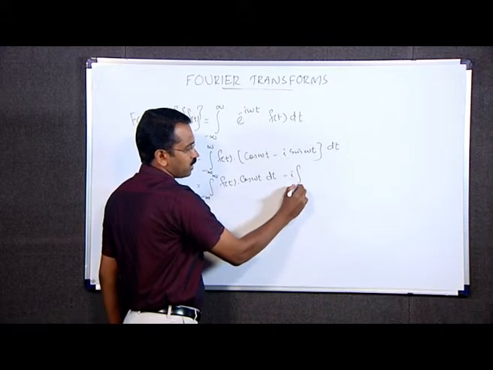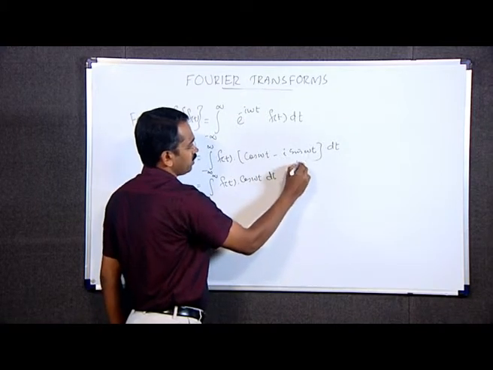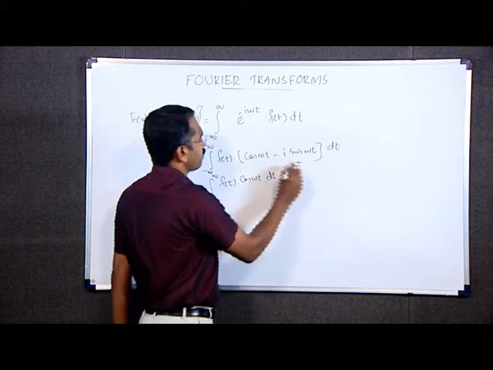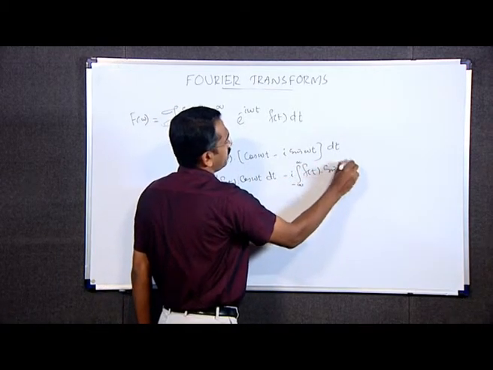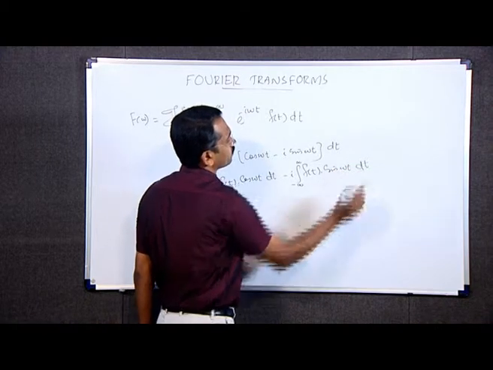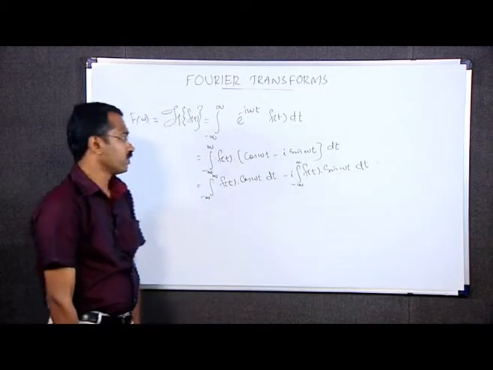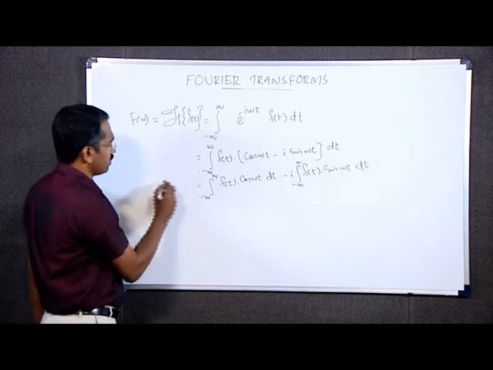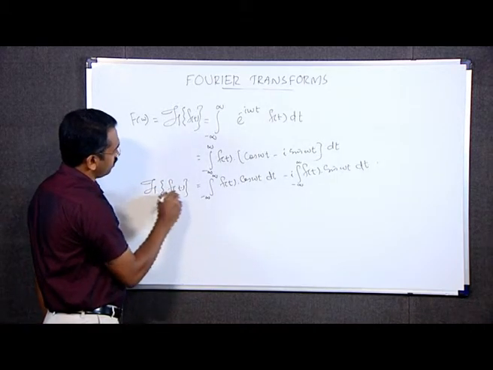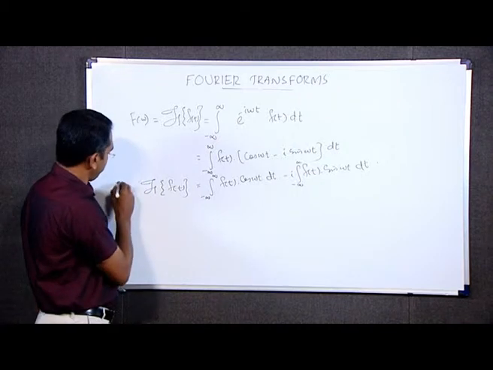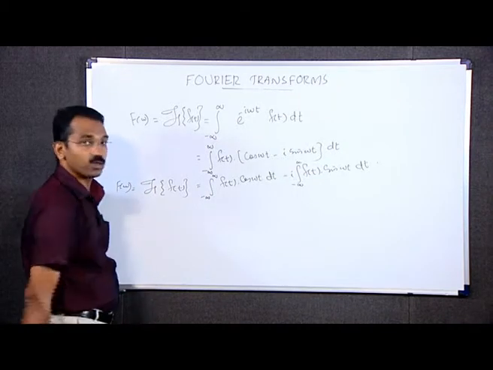Minus i into integral from minus infinity to infinity f of t into sin omega t dt. Now, this is the Fourier transform of f of t, which is denoted by F of omega, which is a function of omega.